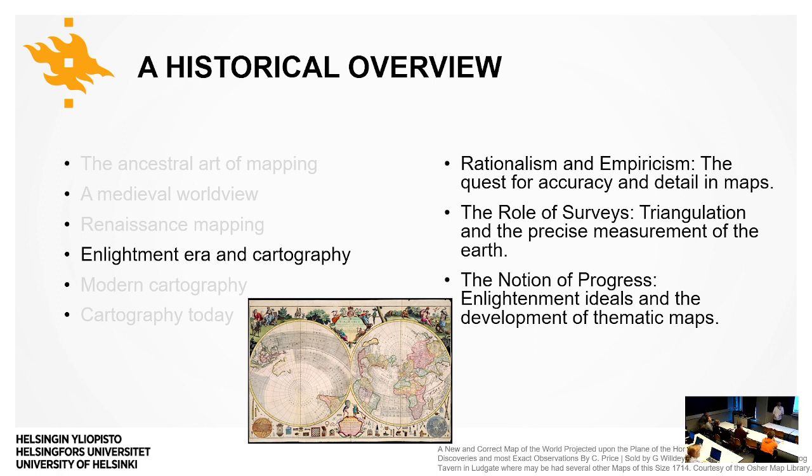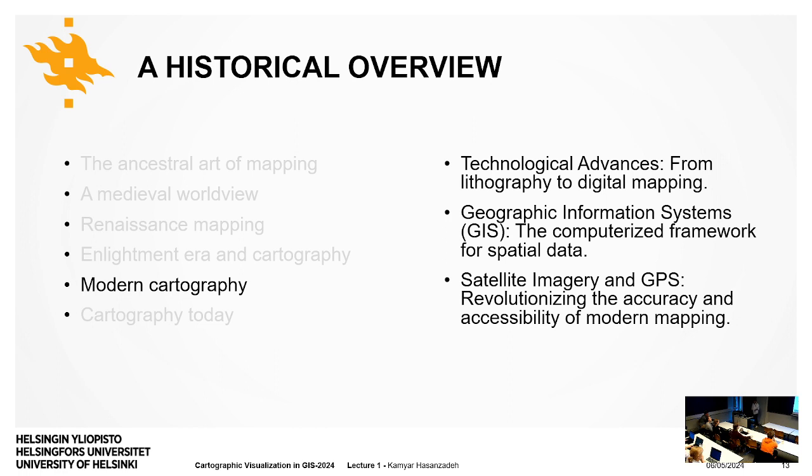For example, we could do triangulation and surveying in a certain way to measure things, and this also led to better maps. It was the same era where thematic maps were emerging, becoming more prominent.